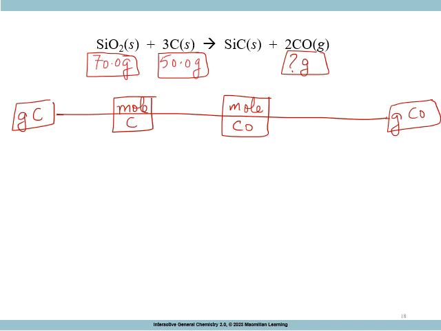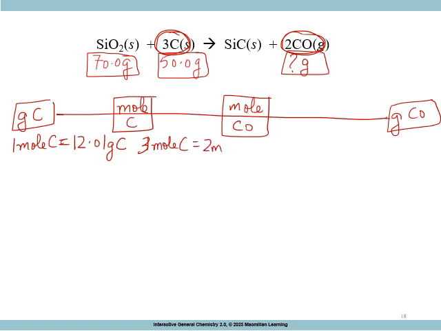How do we go between grams and moles here? 1 mole of carbon is going to be 12.01 grams of carbon. How? Molar mass from the periodic table. For moles of carbon to carbon monoxide, the relationship is right here: for every 3 moles of carbon, we can make 2 moles of carbon monoxide.